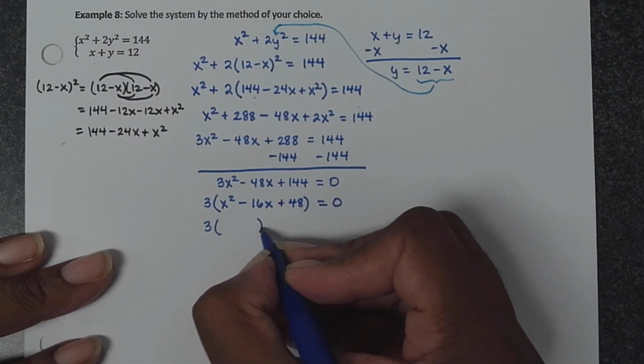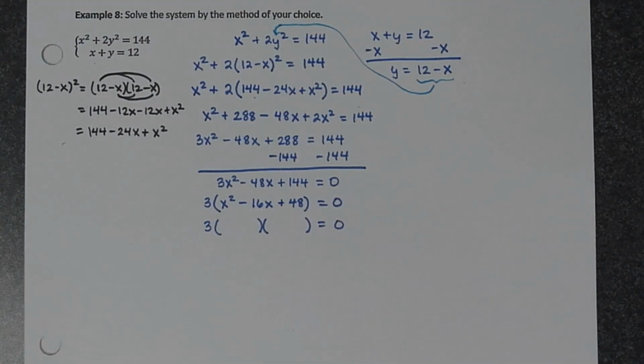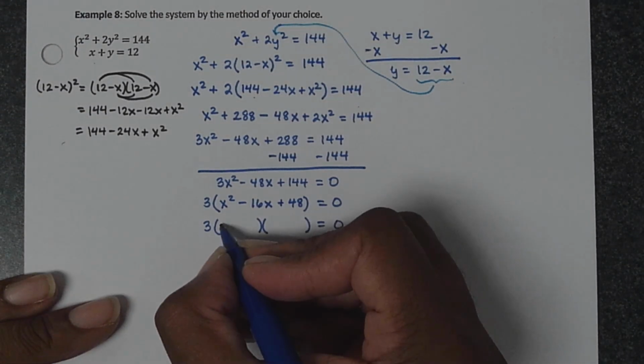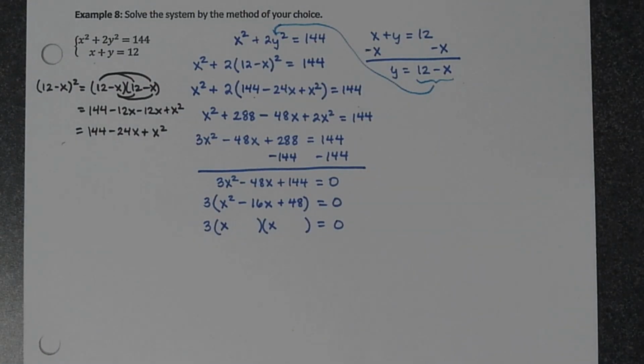Bring the 3 down, and let's see if we can factor that x squared minus 16x plus 48 into 2 binomials. X squared breaks up as x and x. Factors of 48, that would give me a negative 16 as a middle term.